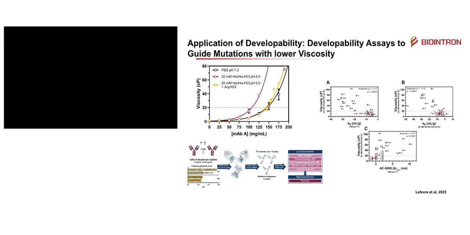So this is a method to give you a sense with very little amount of antibodies. As I showed you a couple of slides before, you just need a couple of milligrams of antibodies.